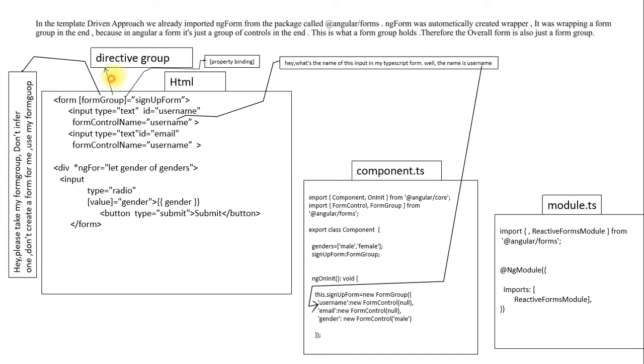It's basically a directive. The directive is asking the HTML form, hey, please take my FormGroup, don't make any form by yourself, don't infer one, just use my FormGroup. Which FormGroup? The one that I'm creating in the component.